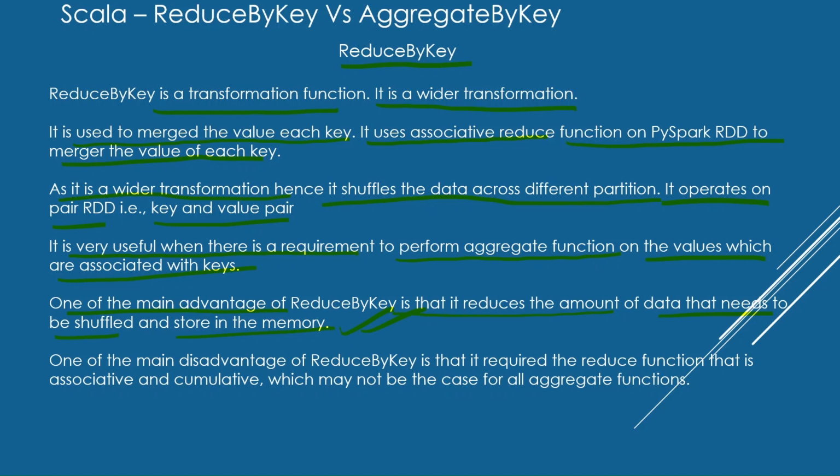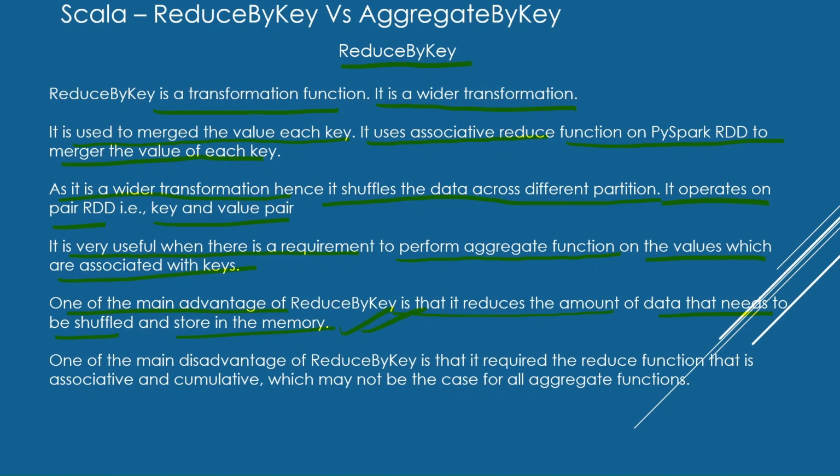Why? Because the aggregation will happen on each key. For instance, if there is a sum aggregation, the data will be aggregated like this: one key and its value, another key and its value. So there would be two keys only and their corresponding aggregated values.